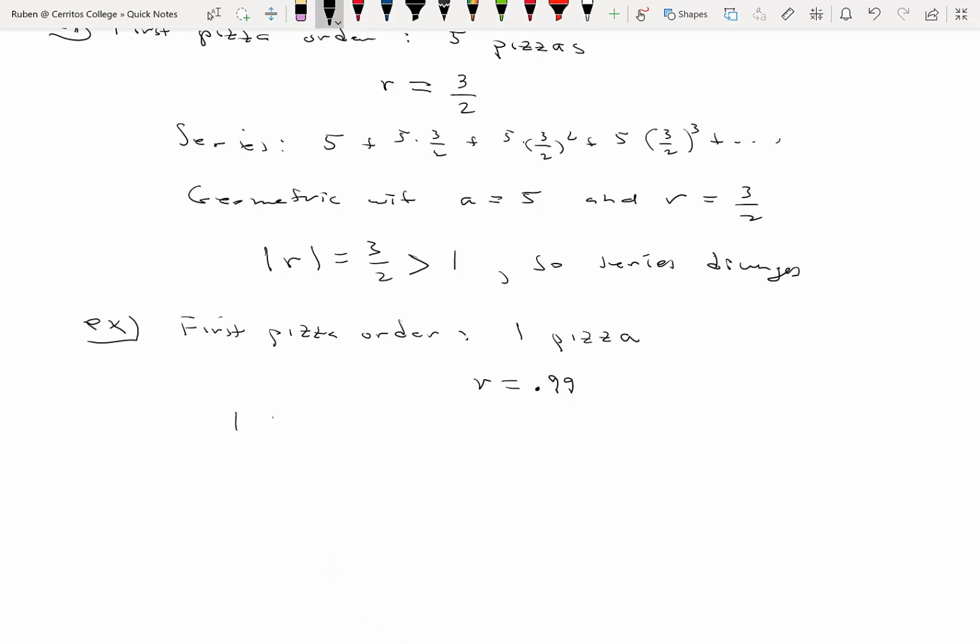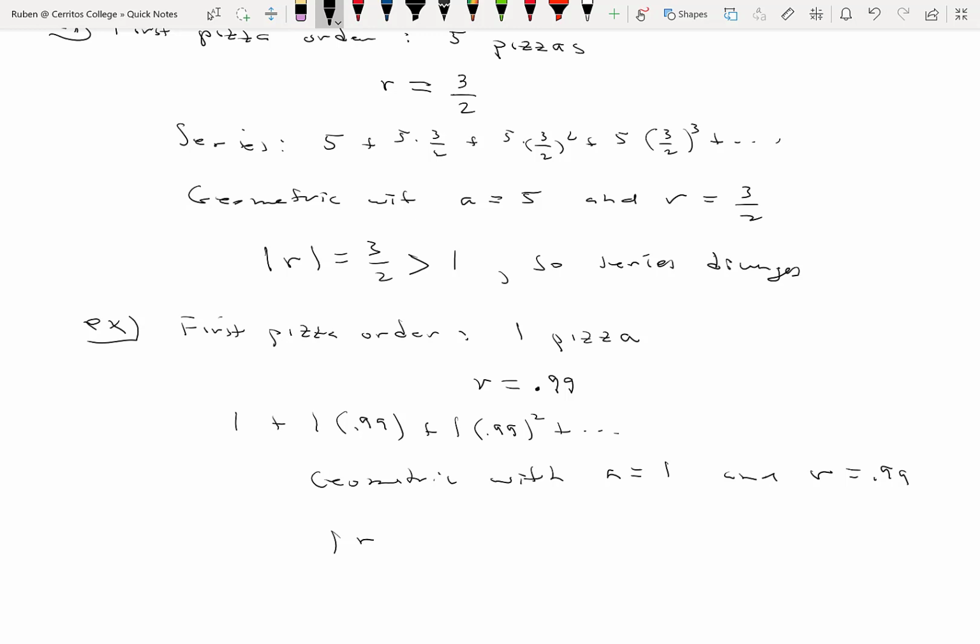The series looks like one pizza plus the whole pizza, but 99% of that. Next order is previous order, 1 times 0.99, but 99% of that. So multiply by another 0.99, et cetera. This is geometric with A equals 1 pizza and R equals 99% or 0.99.